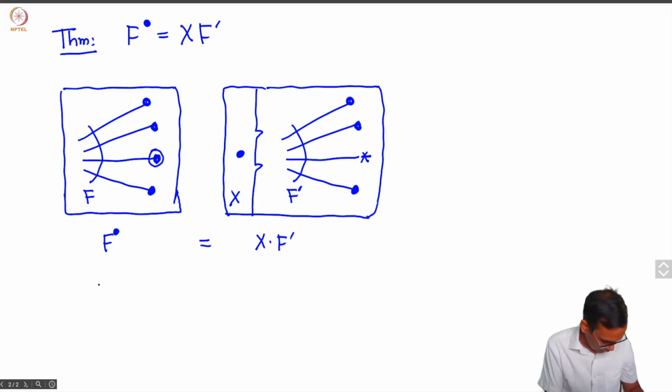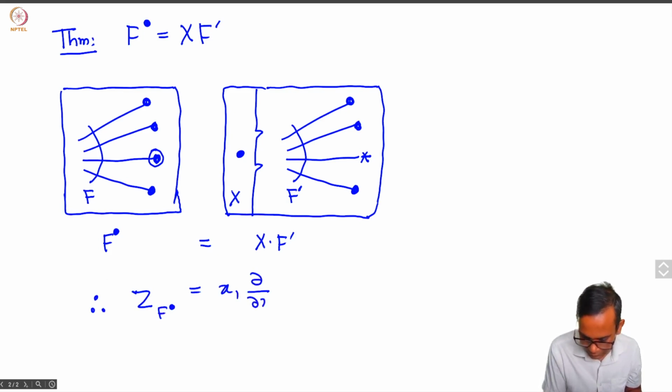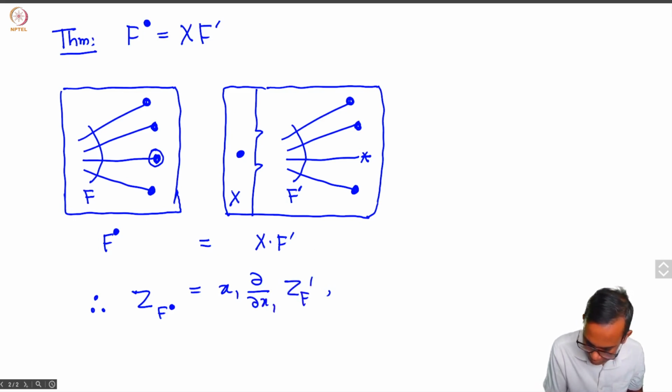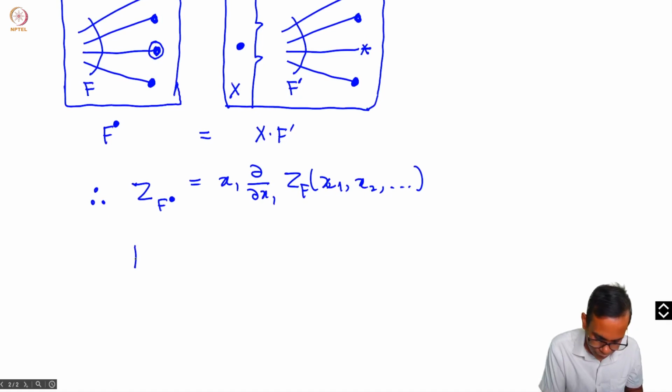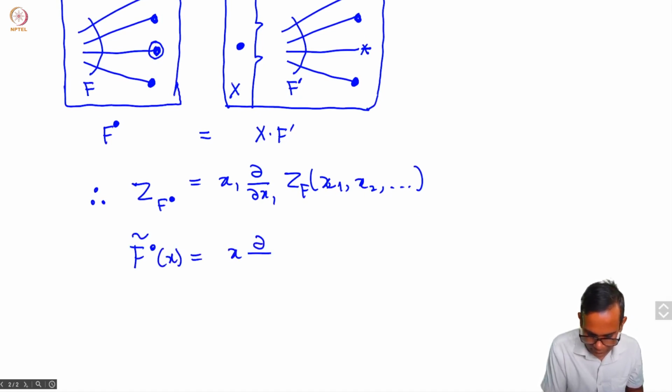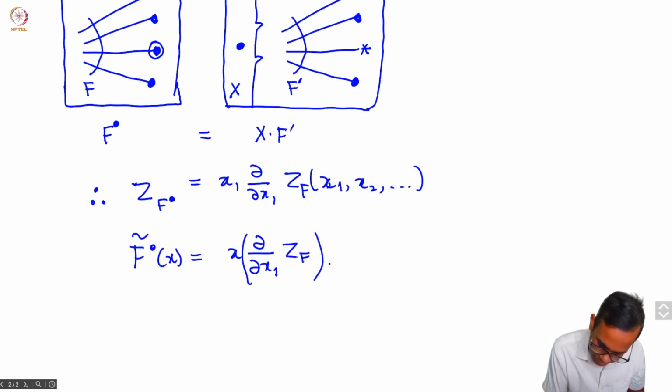And so right away what we get is that Z of F dot is x1 del del x1 of Z F of x1, x2, x3, and the tilde version of f dot of x is x del del x1 Z F. Should probably write it like this.